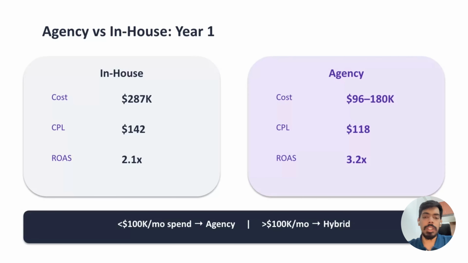An agency, on the other hand, runs at around $100,000 to $180,000 per year, and it provides almost 3x the ROAS in year 1 because they have existing playbooks and cross-account data. Until $100,000 in monthly spend, an agency usually makes more sense. Over $100,000, typically companies go for a hybrid model.